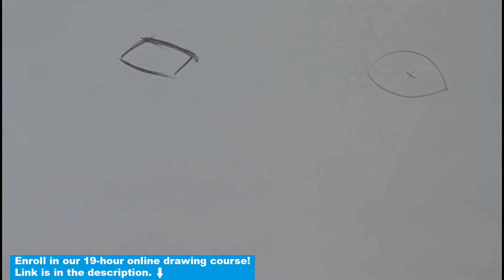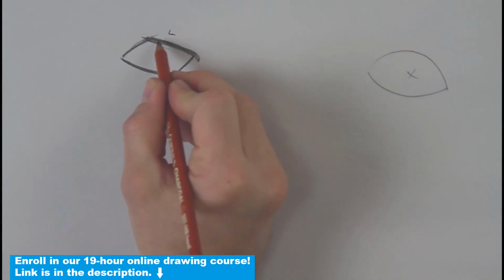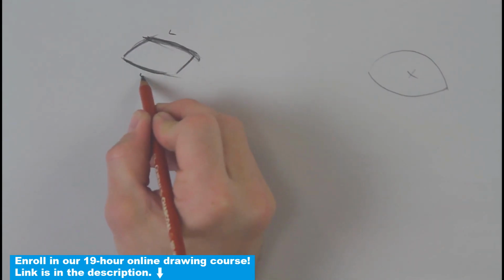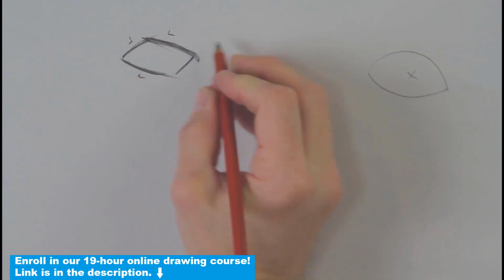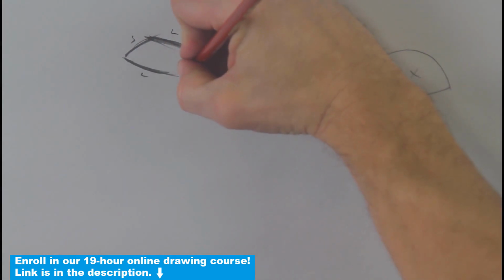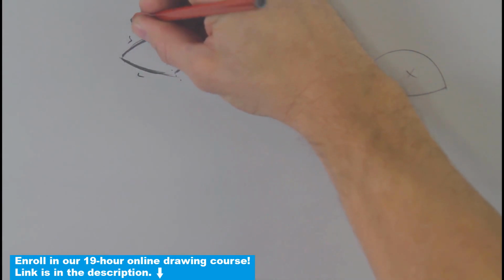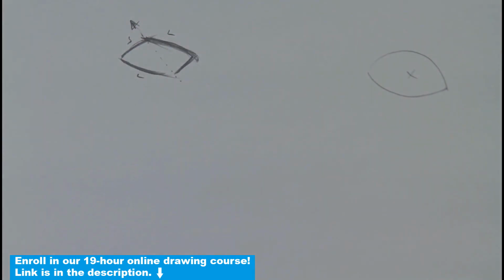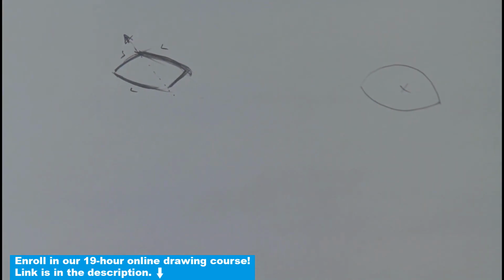So I want you to think of an eye that way. That may be a bit abstract, but we have this long element through here, this long element through here, and a shorter one here and a shorter one here. There's a diagonal as it goes through, all right?